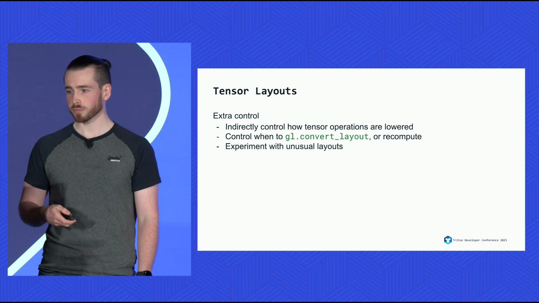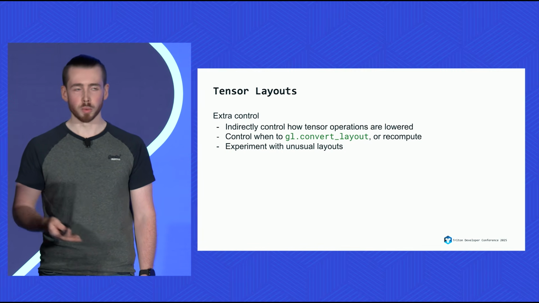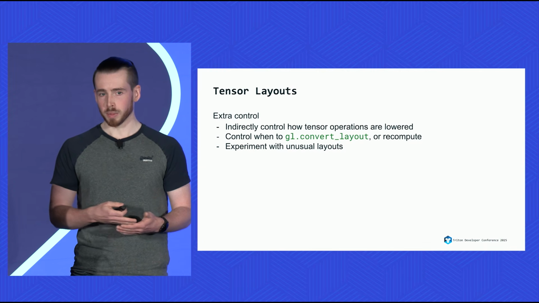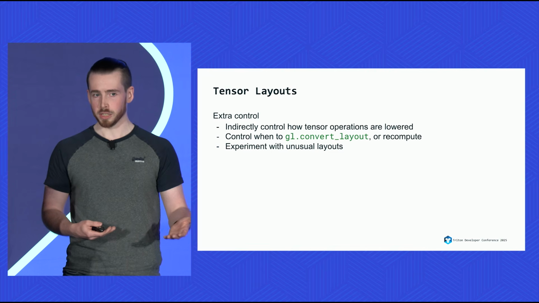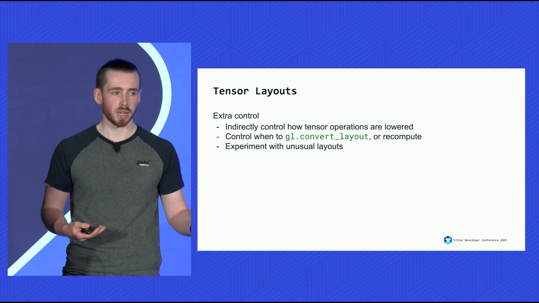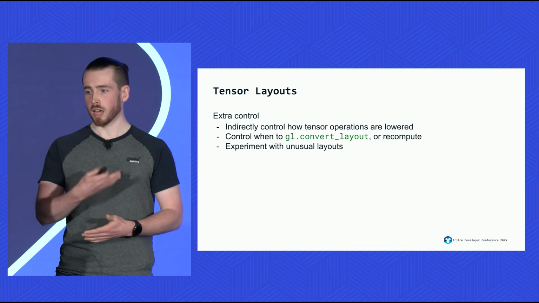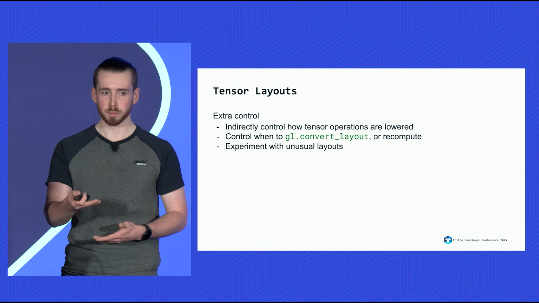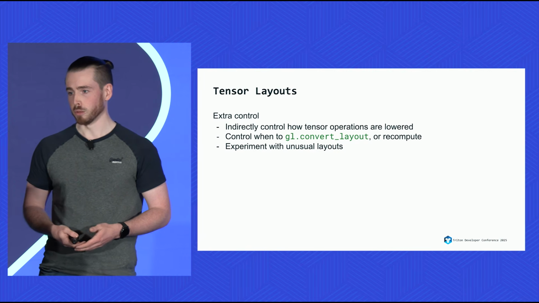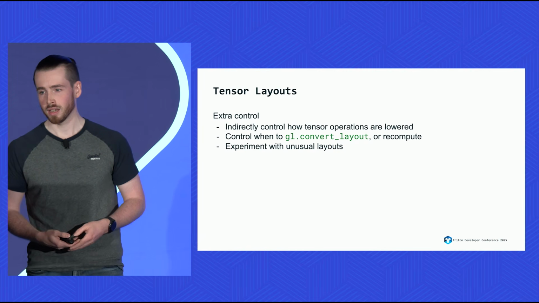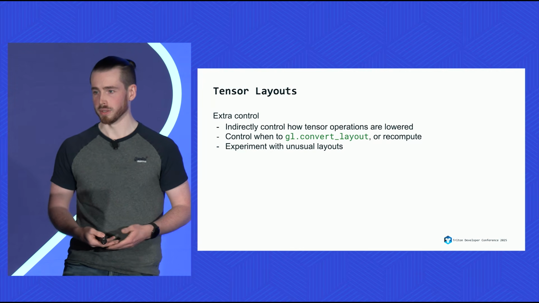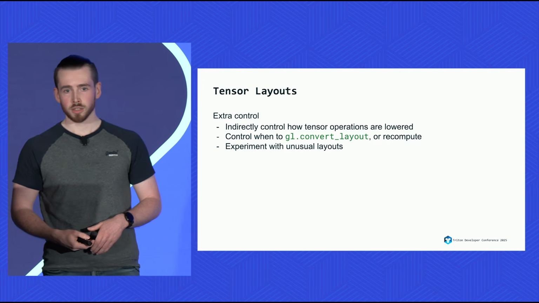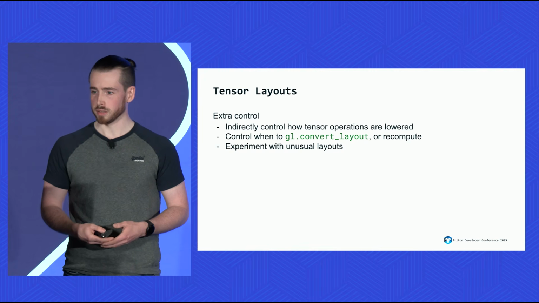And one of the common pitfalls with Triton is you might have a layout conversion somewhere where the data needs to be represented in, say, an MMA format for your matrix multiplication and a block layout for your load, and maybe that conversion is happening in an inopportune place, and that's really affecting your performance. Now you have direct control over where this happens, and you can avoid having it in those sensitive places.